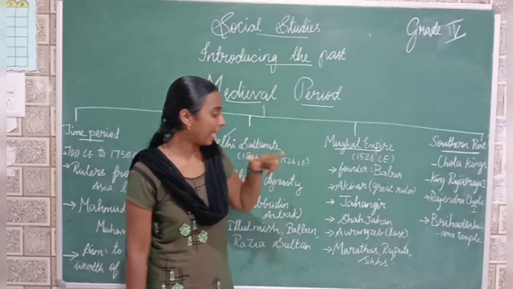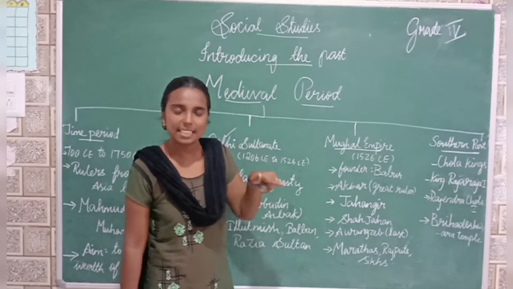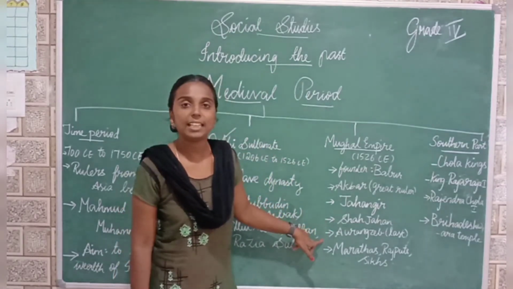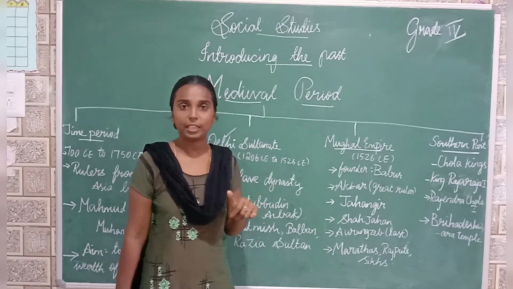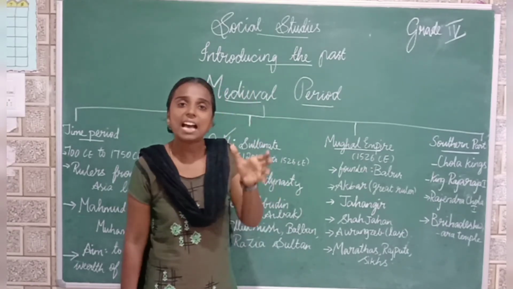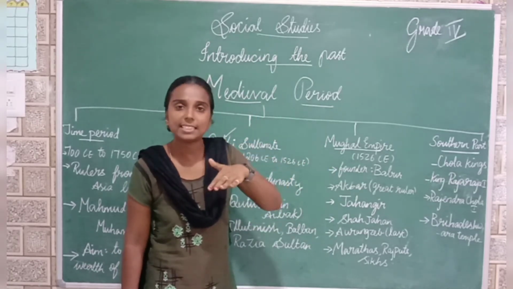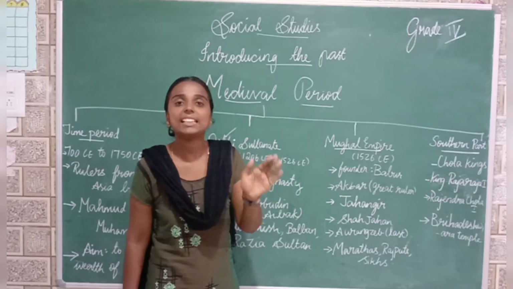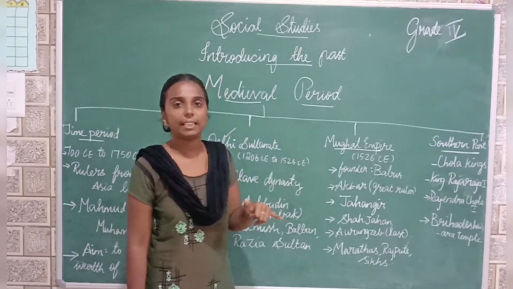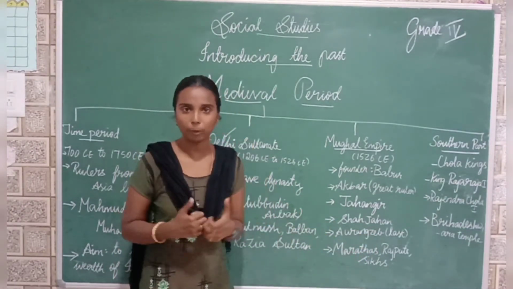And next to Akbar, his son Jahangir, and next to Jahangir, his son Shah Jahan, and next to Shah Jahan, his son Aurangzeb became the rulers of this Mughal Empire. And this Aurangzeb is considered as the last powerful ruler of this Mughal Empire. And next to Aurangzeb, this Mughal Empire started to decline. After the decline of this Mughal Empire, Marathas, Rajputs and Sikhs became more powerful.